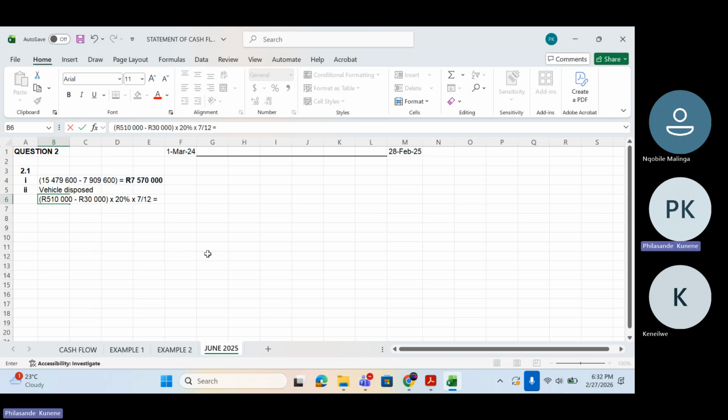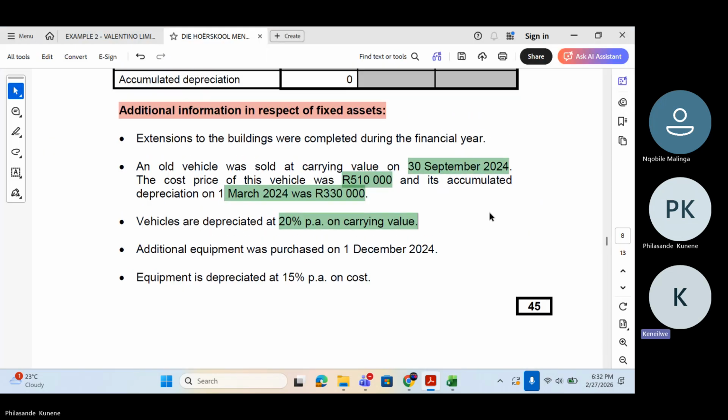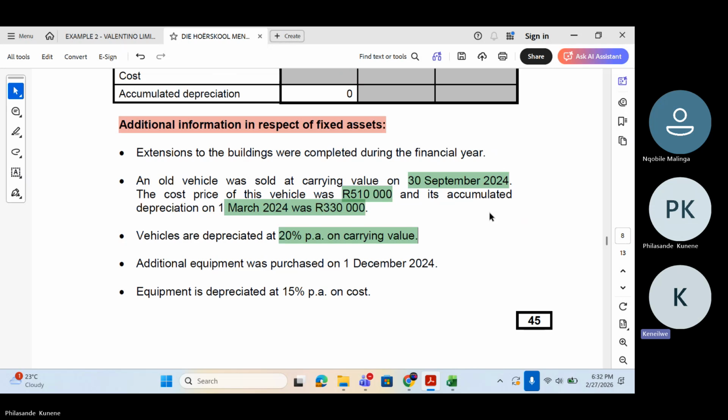So that is the depreciation for the current year. And then you subtract 21,000 rand from the carrying value of the vehicle before the depreciation.